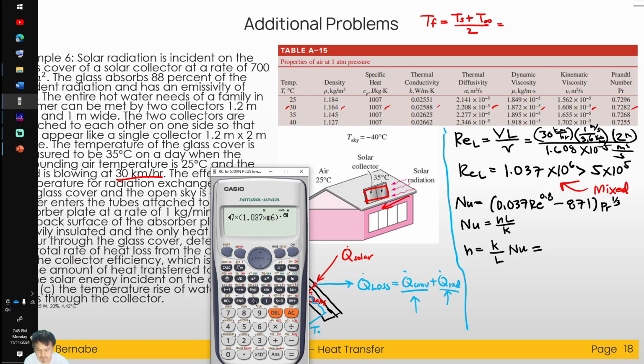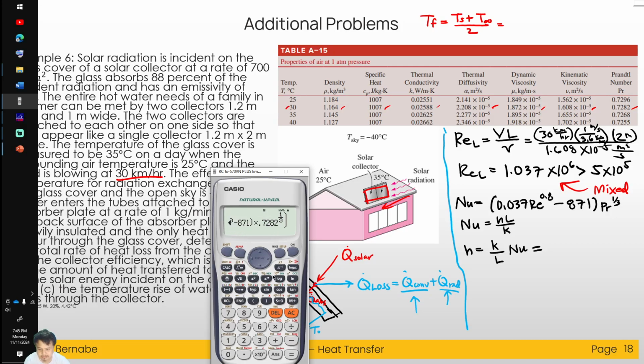And then 0.8 minus 871. And then the Prandtl number, which is 0.7282 raised to 1/3.